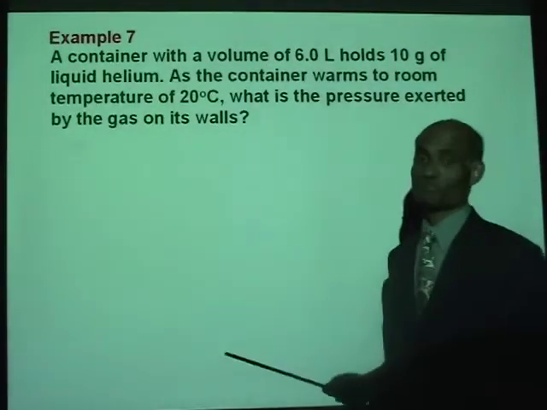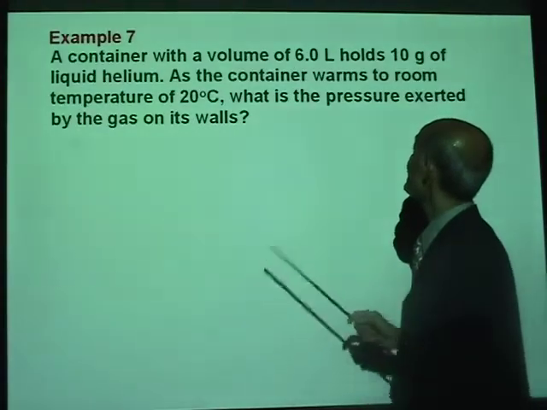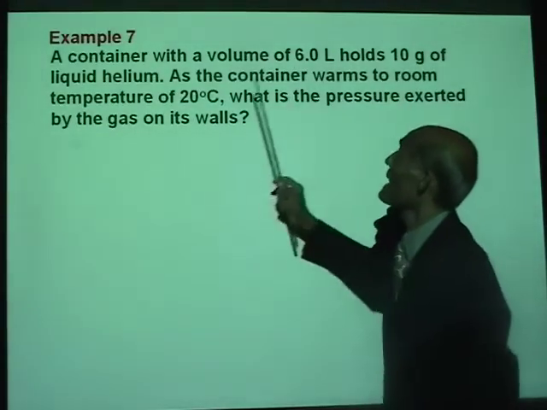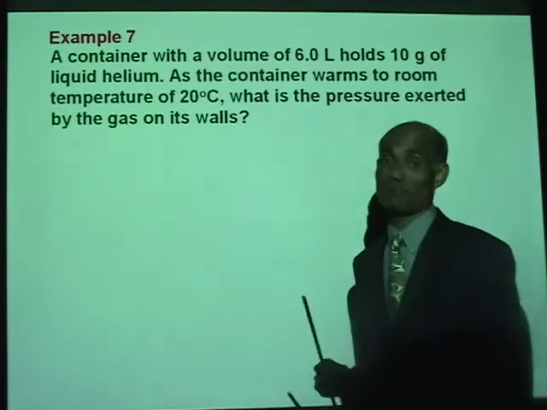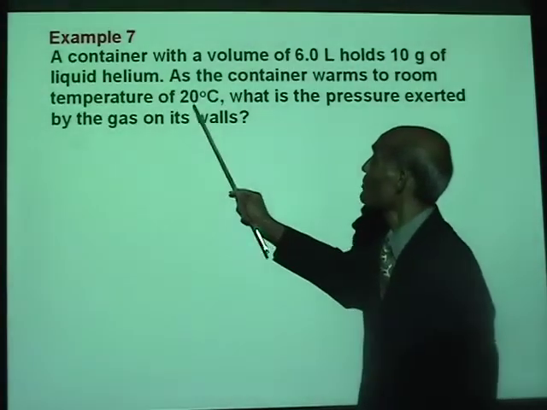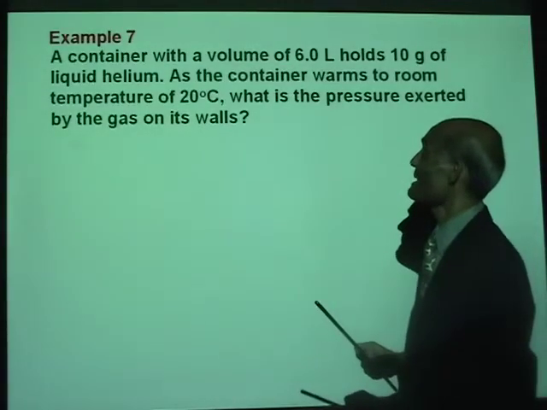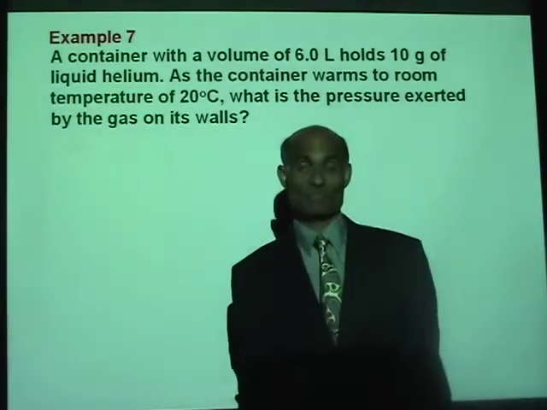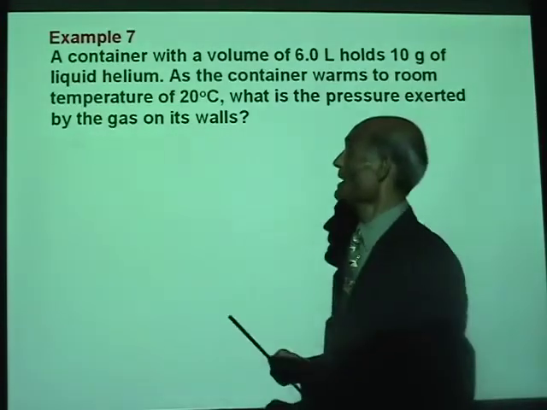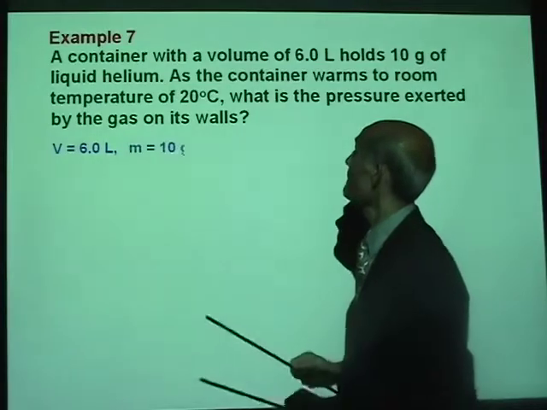One more example. A container with a volume of 6 liters holds 10 grams of liquid helium. As the container warms to room temperature of 20 degrees Celsius, what is the pressure exerted by the gas on its walls? Okay, what do we have? Let's pick the data. Volume is 6 liters.